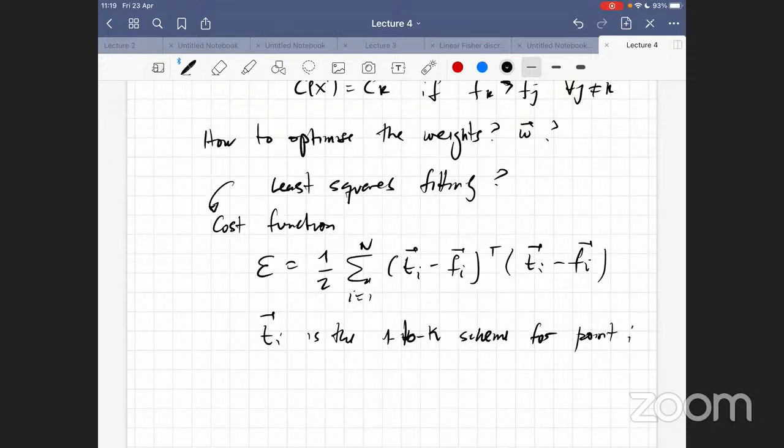So if you have 3 classes and the point in question has class 2, this vector is 0, 1, 0, right? So you remember from the first lecture. But this is the label, so this is the label of point i, for example if a point is class 2 out of 3 classes.